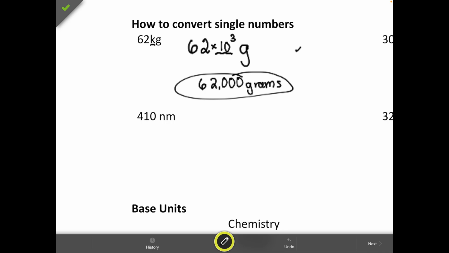So that makes sense to me. In physics, nanometers are commonly used when we're talking about things on the microscopic scale, like the size of certain molecules. In this case, 410 nanometers is the wavelength of violet light. So 410 stays the same. Nano is getting replaced by 10 to the negative ninth, and meters stays the same.